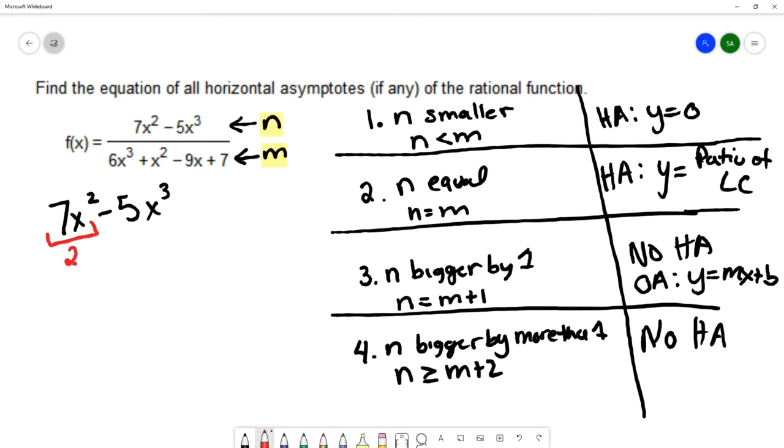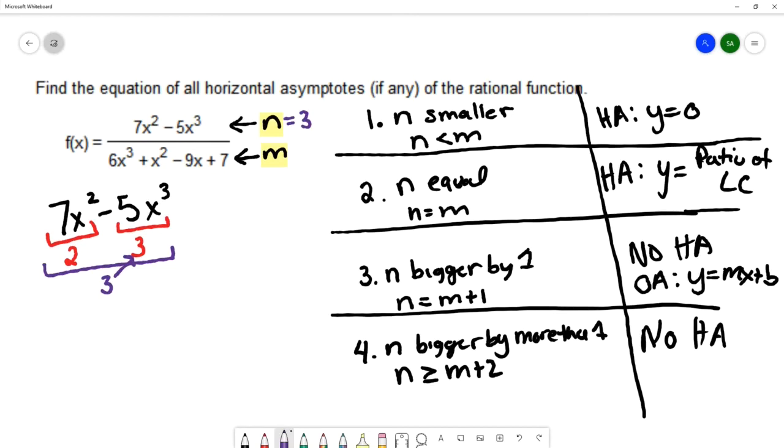So 7x squared has a degree of 2, and 5x cubed has a degree of 3. And then we identify the degree of the whole expression to be 3, and that is the highest of the degrees.